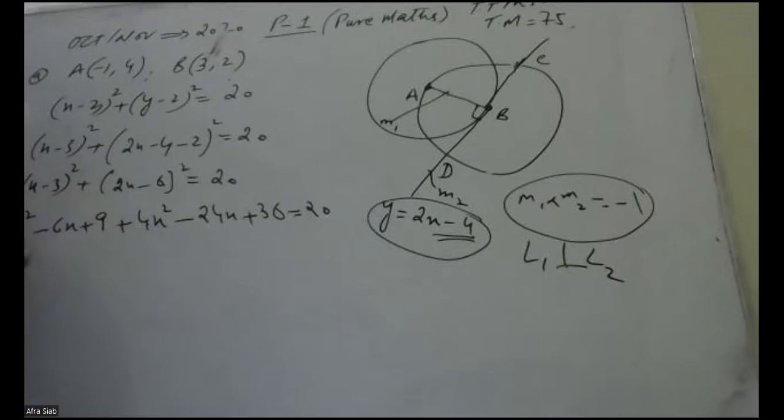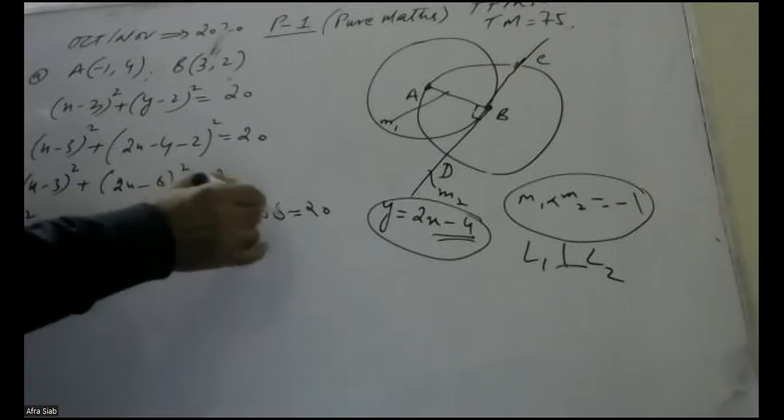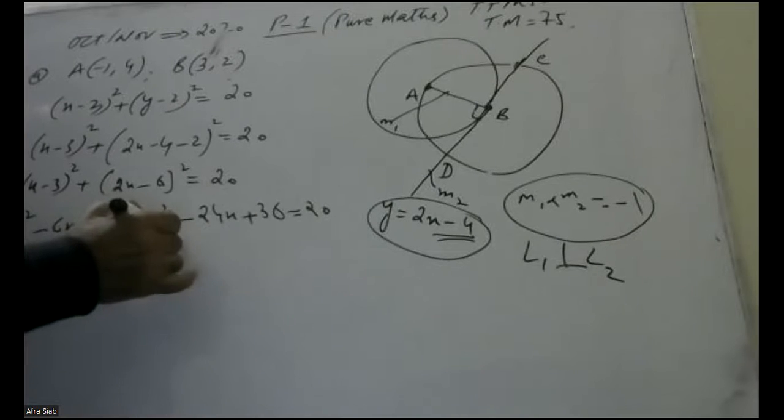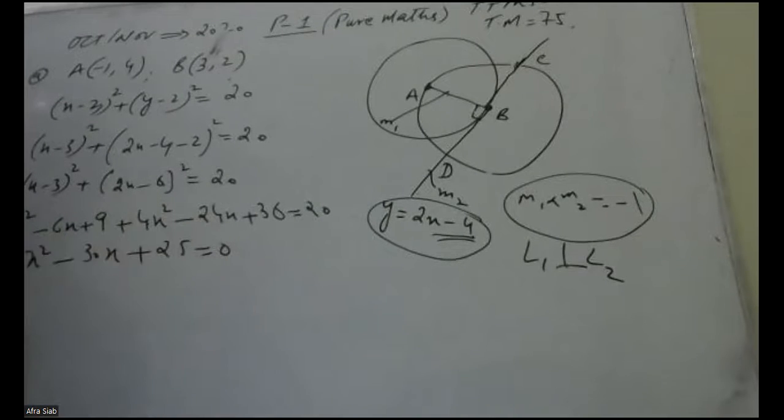Then 4x squared and x squared is 5x squared, minus 6x minus 24x is minus 30x, and 9 plus 36 minus 20 is equal to 25, and that is equal to 0.